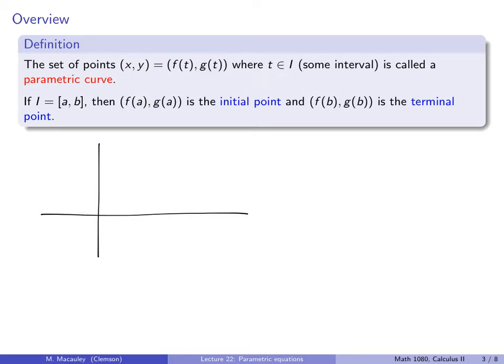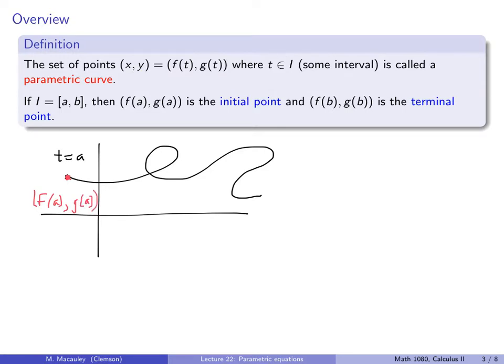So right here maybe is the initial point. At time equals a, our ant is right here. This is the point f of a, g of a.